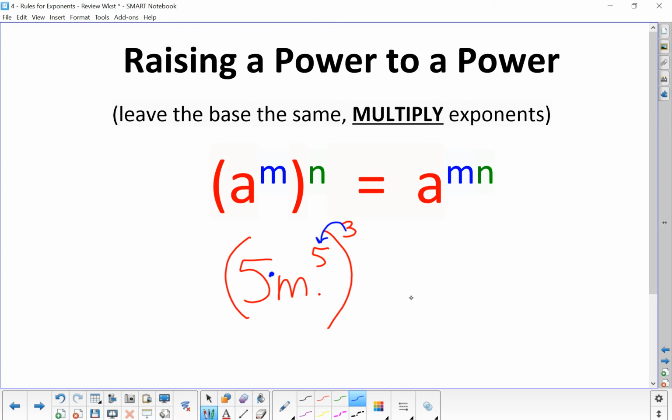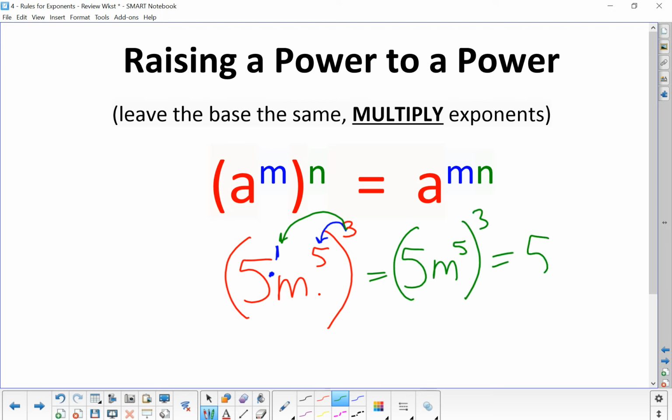That's 5 times m to the 5th. So that means 5 has its own invisible power. So that means I would distribute this power to 5 as well. So if I have 5m to the 5th power raised to the 3rd power, I actually will get 5 to the 3rd power and m to the 15th power.